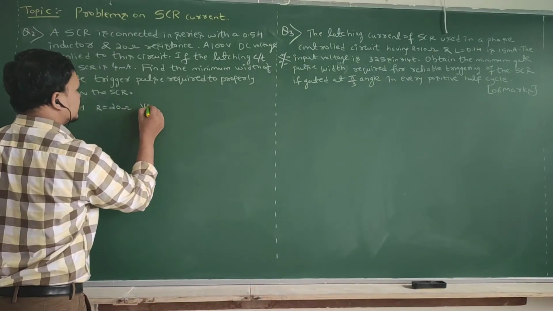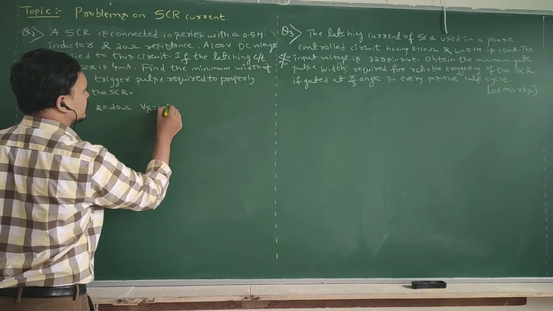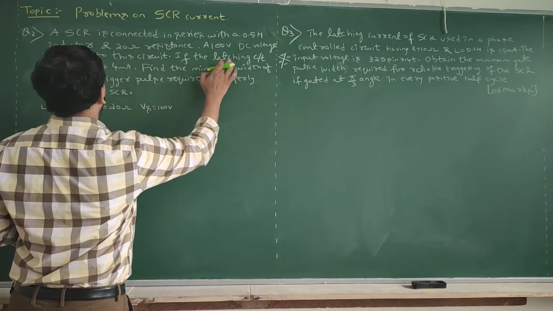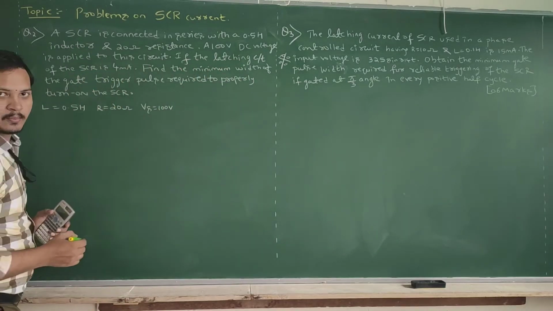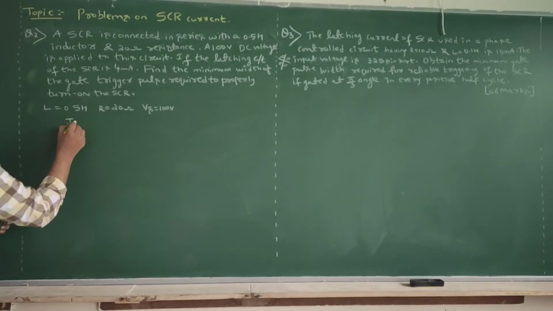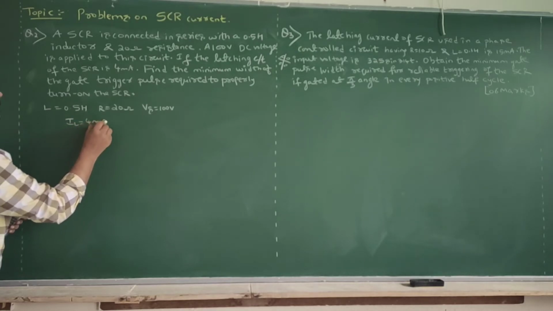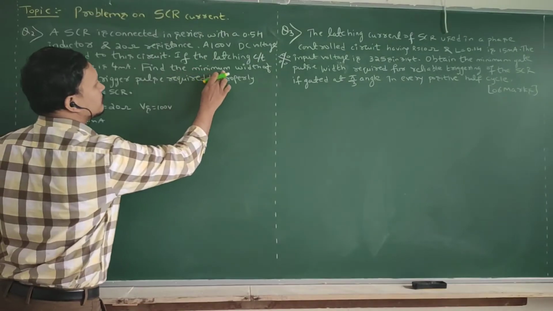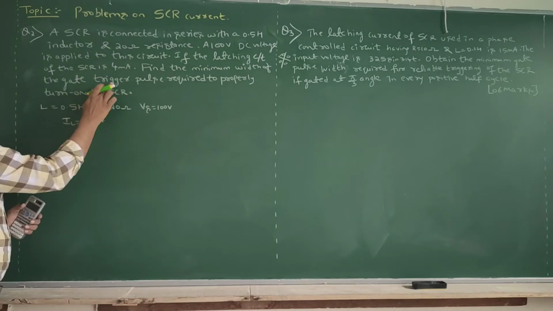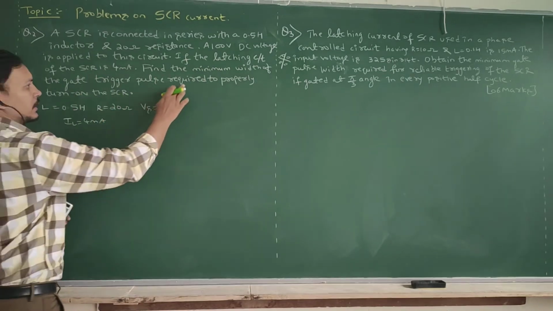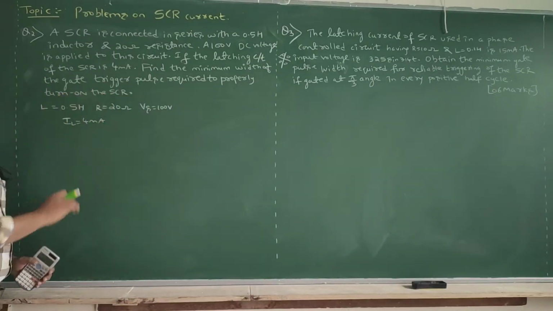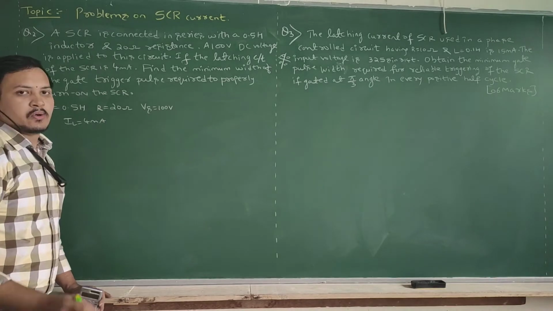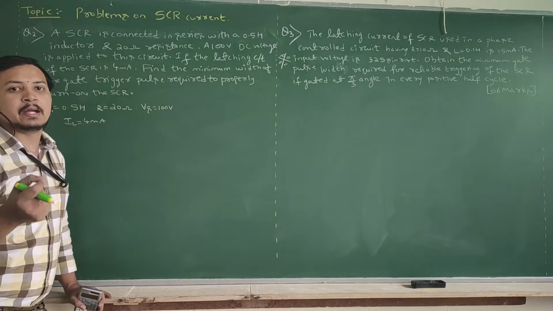If the latching current of the SCR is 4 milliampere, find the minimum width of the gate trigger pulse required to properly turn on the SCR.